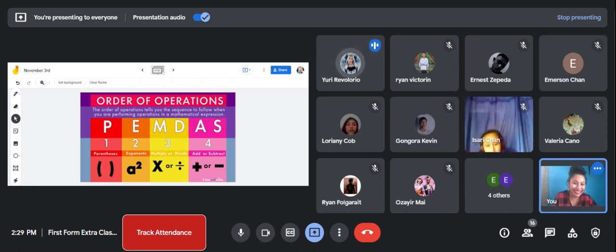Okay, so let's understand this. The question is, why did we choose PEMDAS? Because you guys are in first form and you're going to go into second form, and you're big high school students now, and we don't want you to be using the word brackets because brackets is something else. In math, the correct word is parentheses.